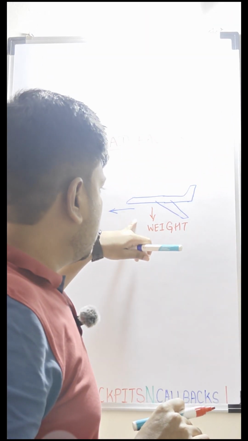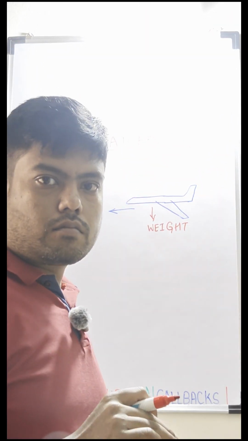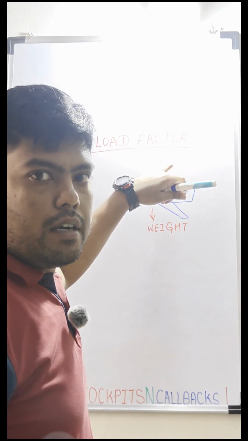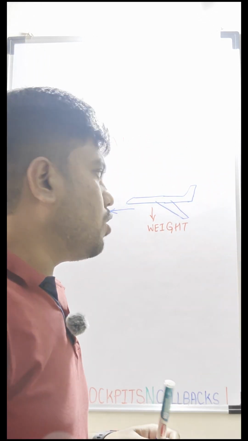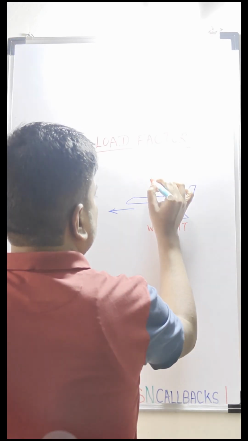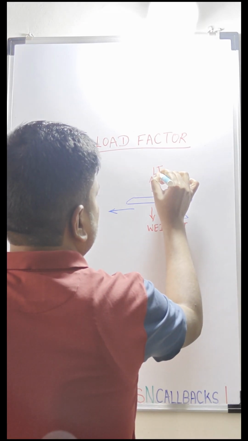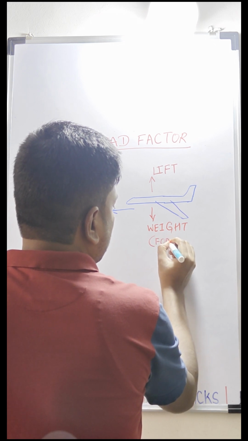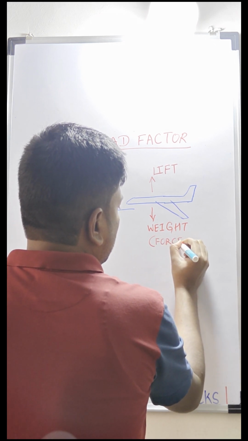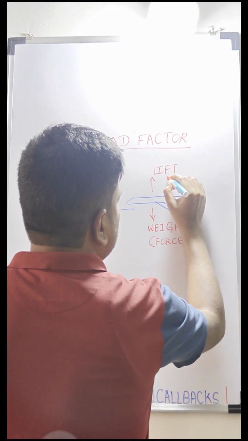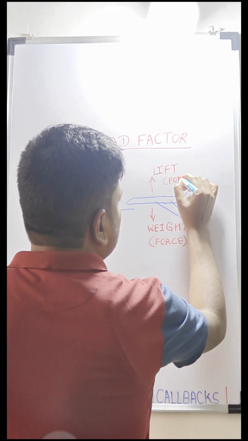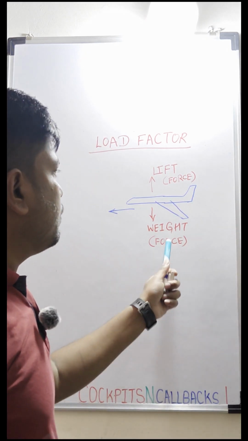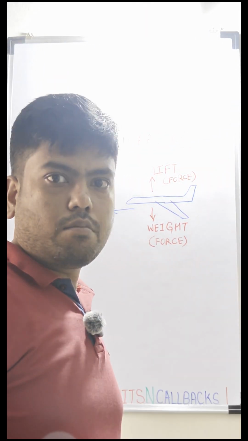Now, since it is flying, there has to be another force that is equal and opposite, or roughly equal and opposite, to keep it there. That is lift. So weight is a downward acting force, and lift is an upward acting force. Why I have written the word force, I'll explain in some time.